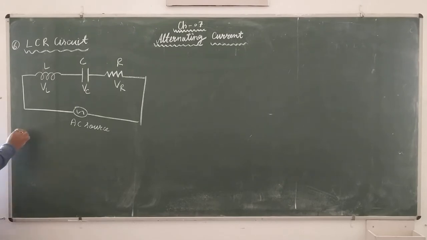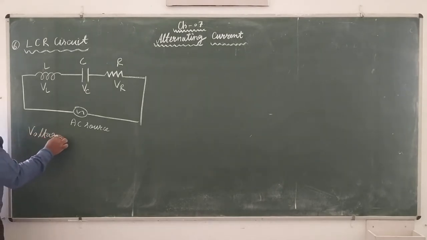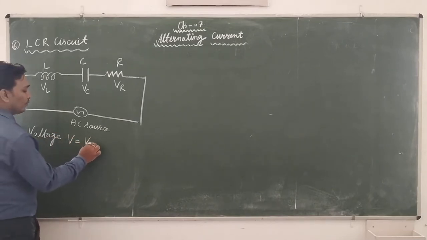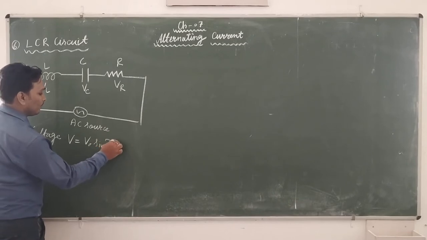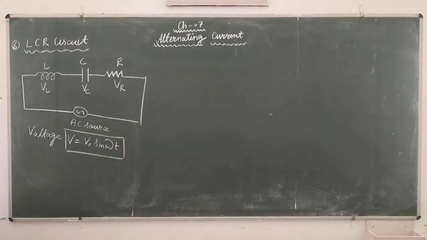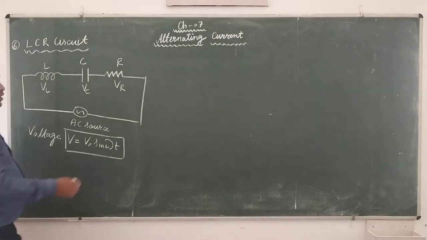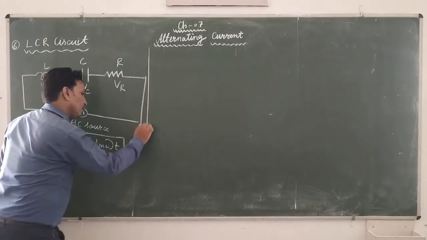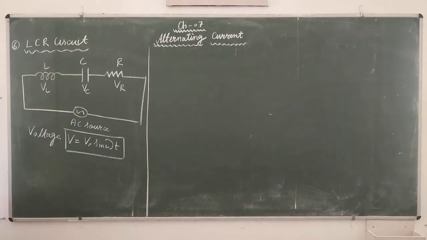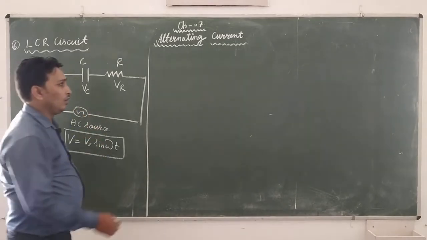The source voltage we have been provided is V is equal to V naught sin omega t. Now let us try to understand the current. For understanding the value of current, you must draw the phasor diagram, combining all.